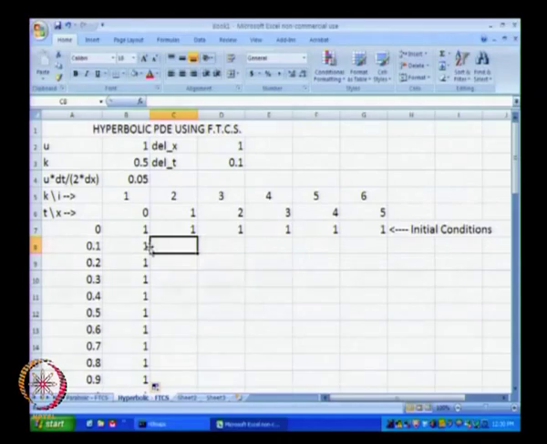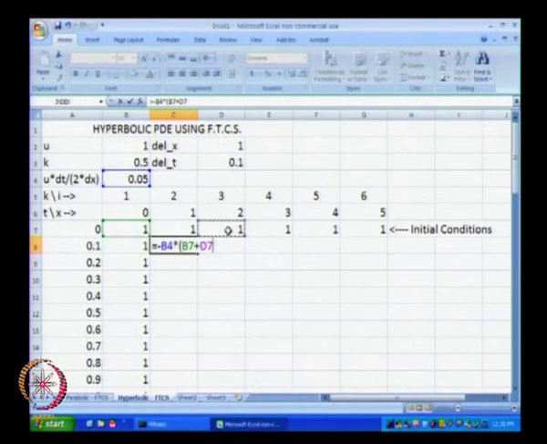Okay. So, now using the equation, what we have is equal to minus u delta t by 2 delta x, multiplied by the previous value plus the next value in the location.